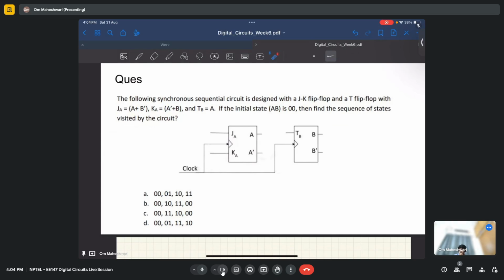So what I will do is first write the given information.